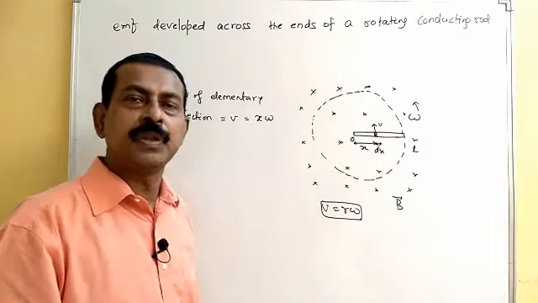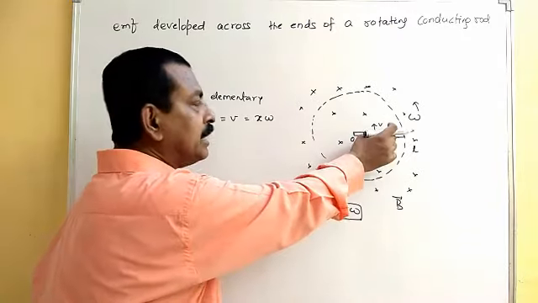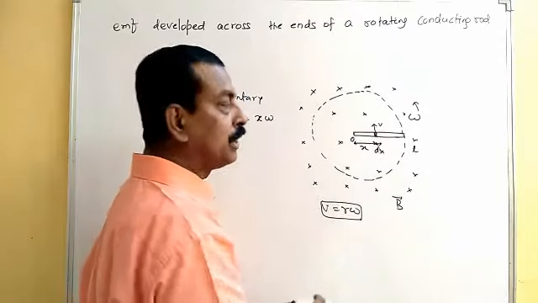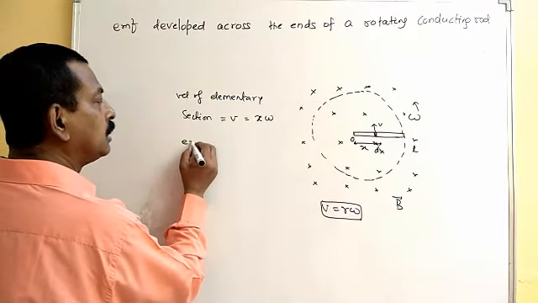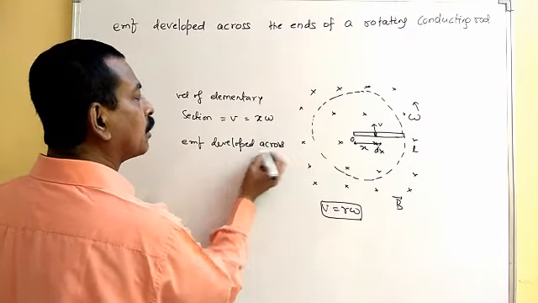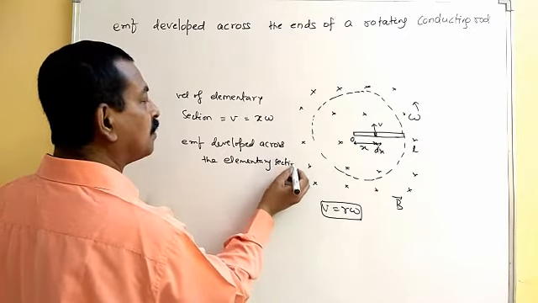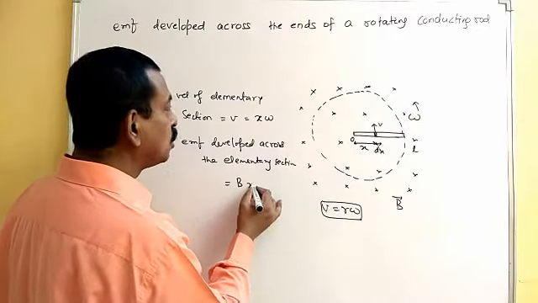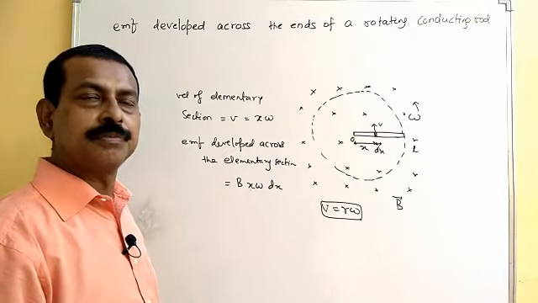Now this element has a length dx. So the elementary EMF developed across the ends of this section of length dx, which is moving in the region of magnetic field with velocity v, will be B into v, where v is x omega, into its length dx.